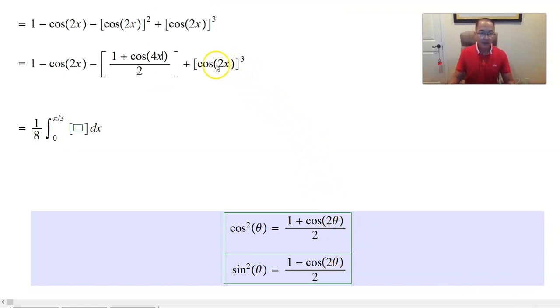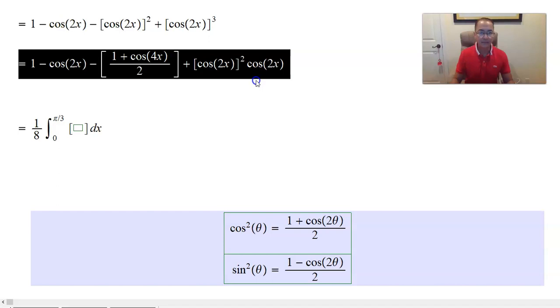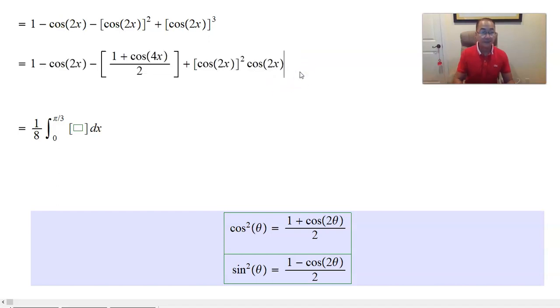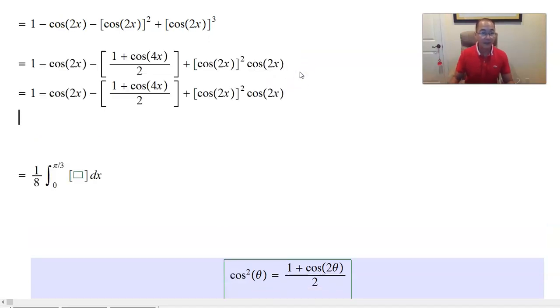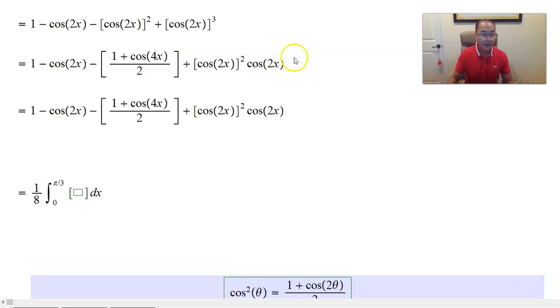But for the cubed, we will borrow one of the cosines. So that is now just a 2. And we have that. Okay, awesome. Now, I think it would be a good idea to simplify this further, because we like simplified things, don't we?